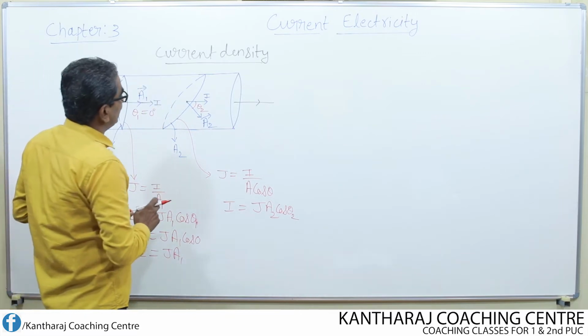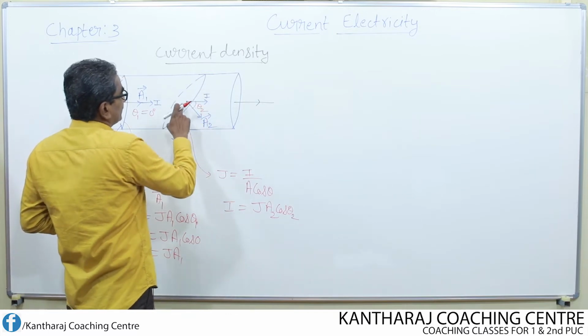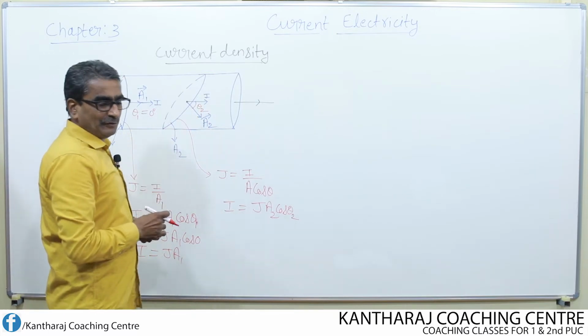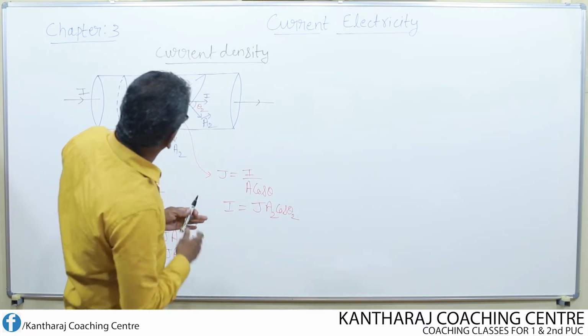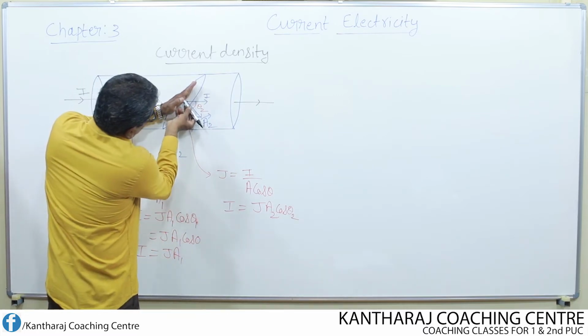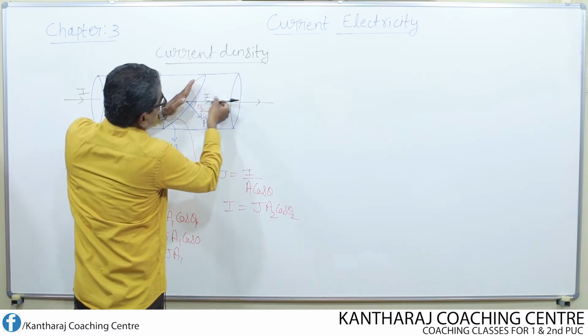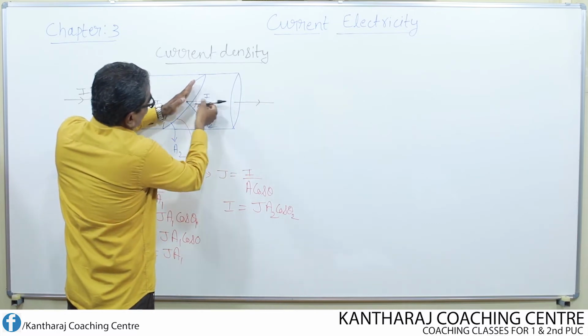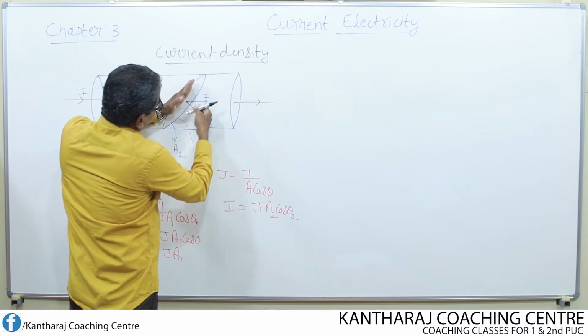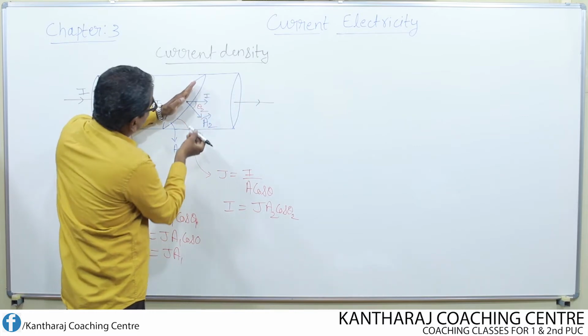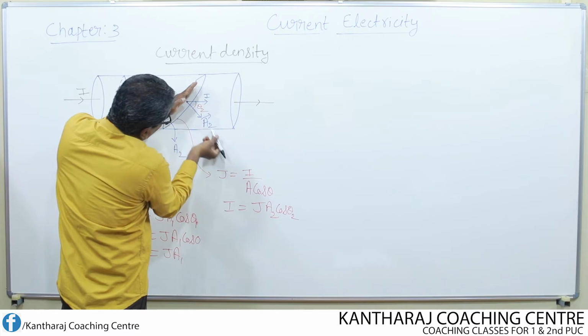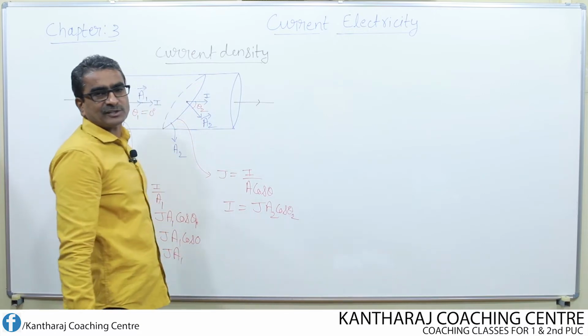Okay. Then coming to this area of cross section, which is inclined like this. Now the area vector is perpendicular to this area, and the current as usual is flowing in this direction. So the current is not normal to the area of cross section. Only the area vector is normal or perpendicular to the area of cross section.